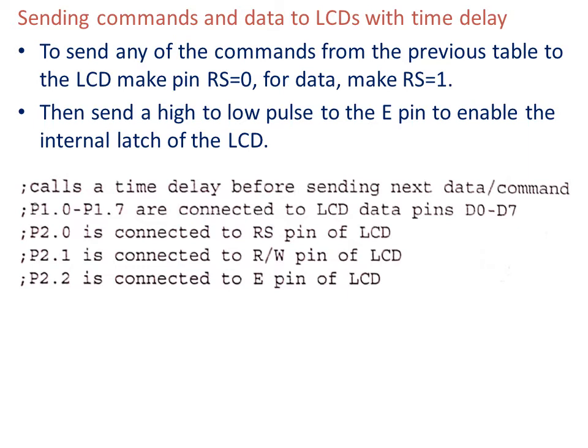Port 2.0 of the microcontroller is connected to the RS pin of the LCD, port 2.1 is connected to the read-write pin of the LCD, and port 2.2 is connected to the E enable pin of the LCD. So these are the initial connections we need to do before using this particular program.